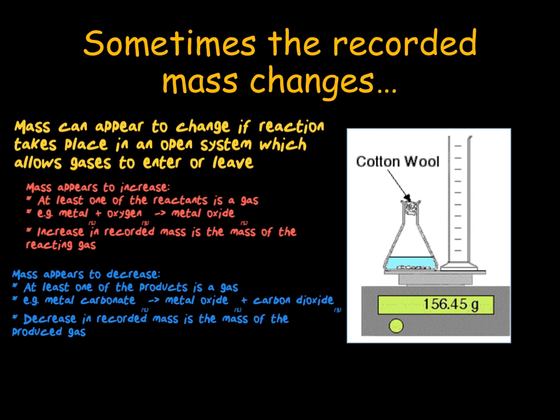If we were to measure the mass of this reaction before and after, we would see that the mass before appears greater. That's because some of the mass has left as carbon dioxide gas. Explaining why the mass appears to either increase or decrease is a popular GCSE examination question.